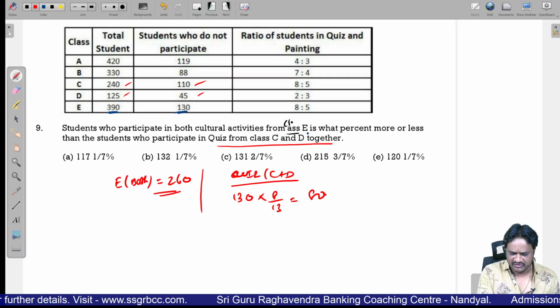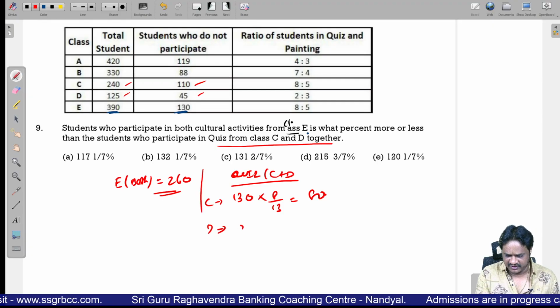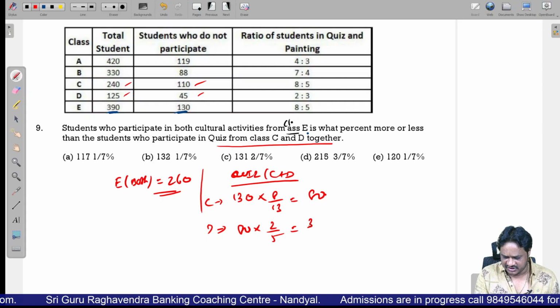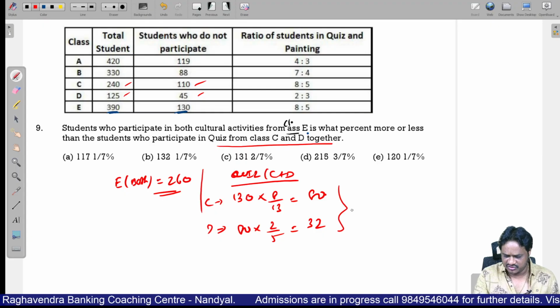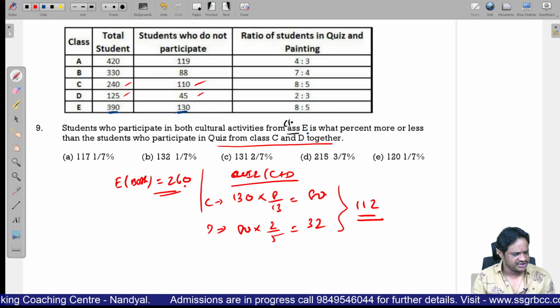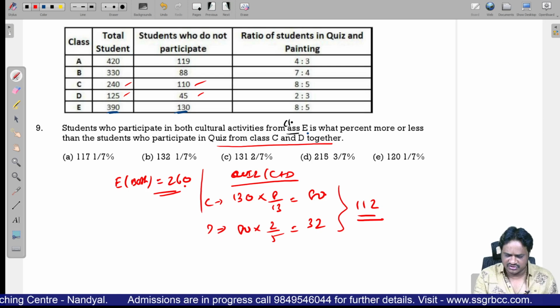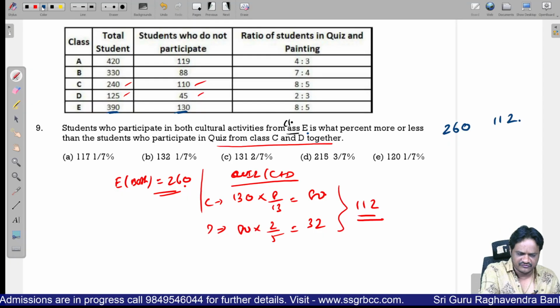Now, for D, out of 125, 45 not participating, so it is 80. In this quiz, 2 by 5, that is 32. So, how much are we going to get? This is 112. Now, the question is 260 is how much more than 112? Let us do with 4.